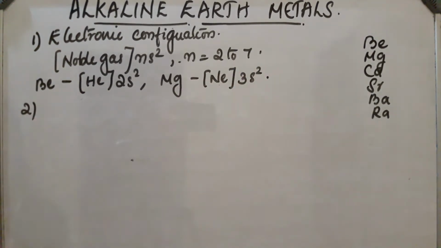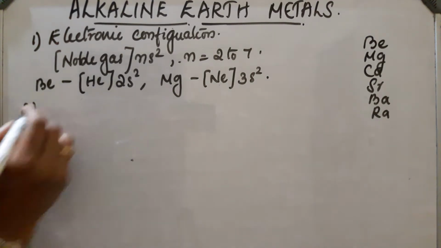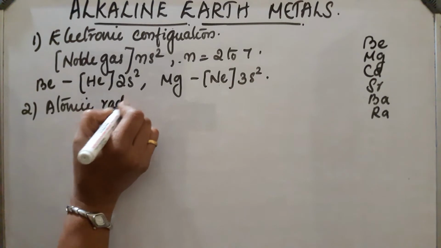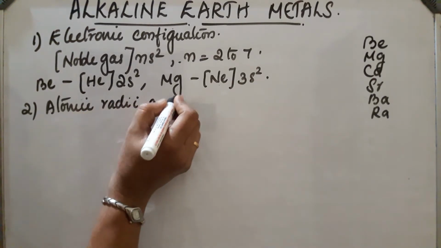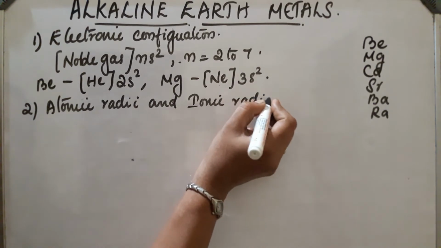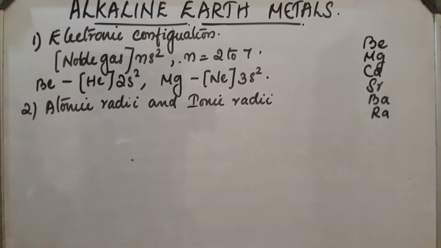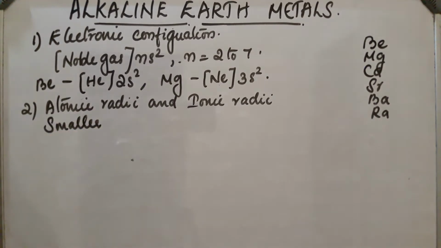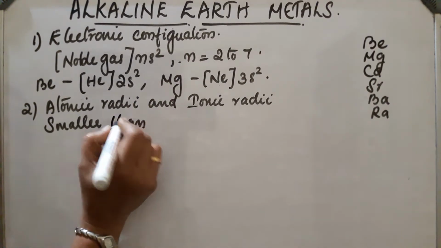Next, the second characteristic is atomic radii and ionic radii. From left to right, the size decreases. Compared to alkali metals, these have smaller size, so atomic radii and ionic radii are smaller than the corresponding alkali metals.